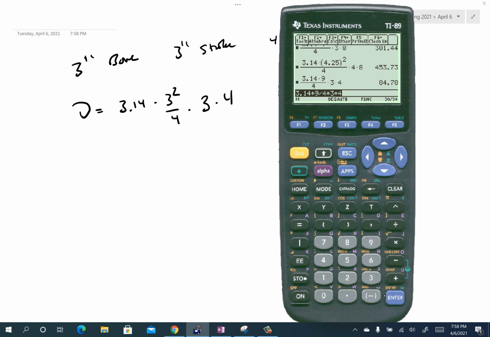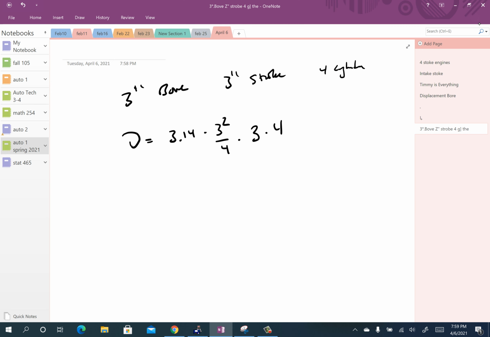That's 84 cubic inches. Yeah, probably. It's not very much. No, it's not. Okay, it's tiny.